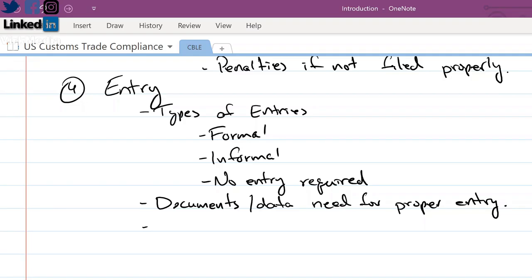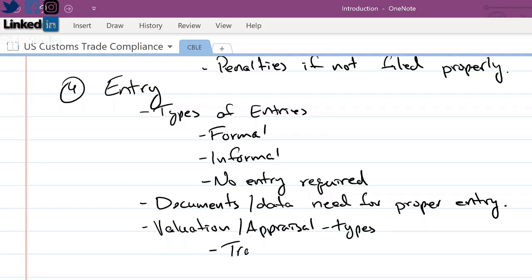Once we do that, we'll move on to valuation or appraisal. We'll go into details about the types of appraisals or valuations.